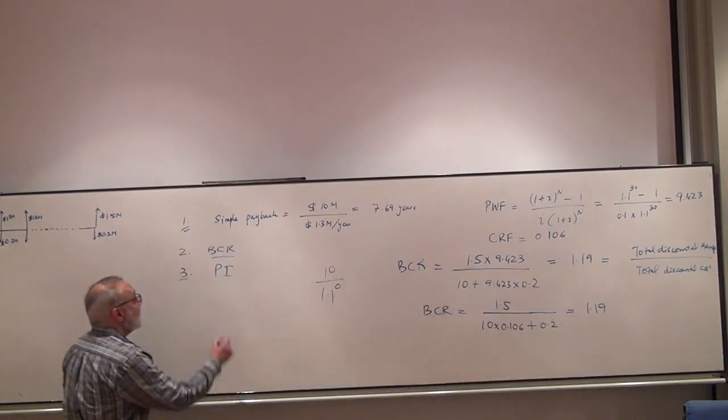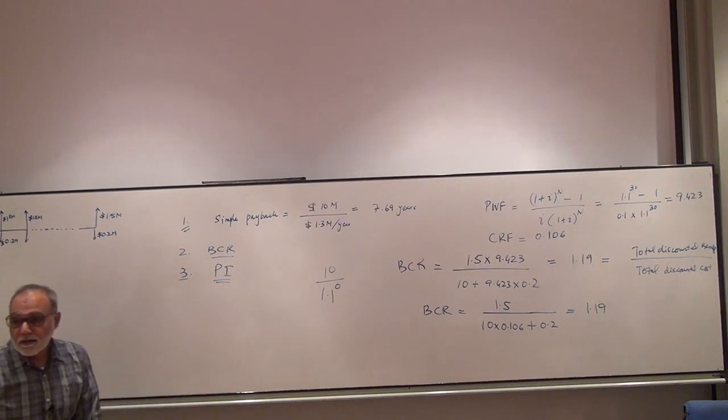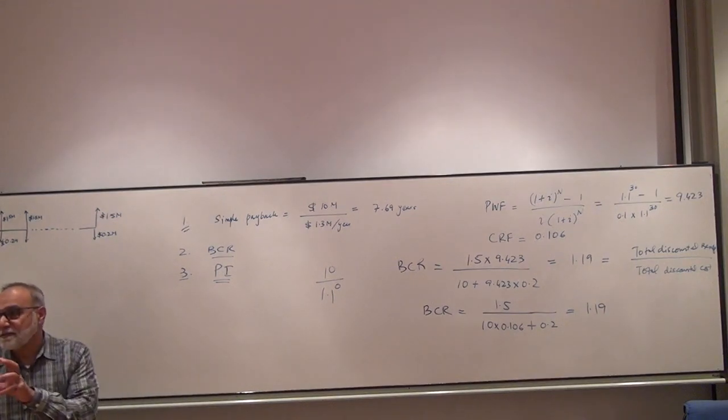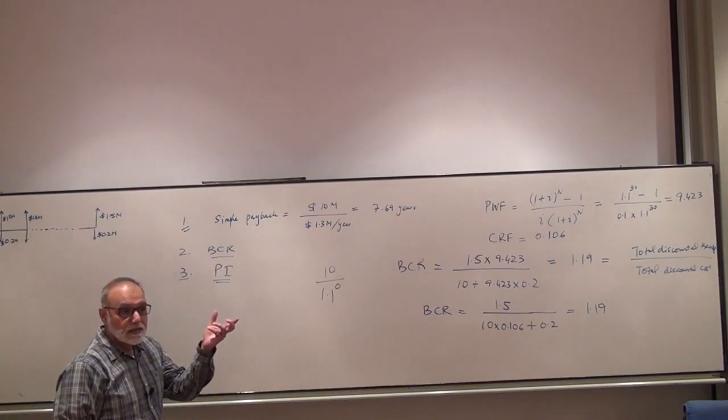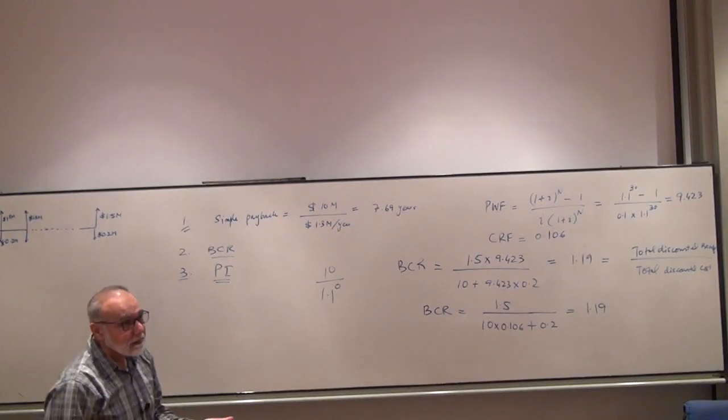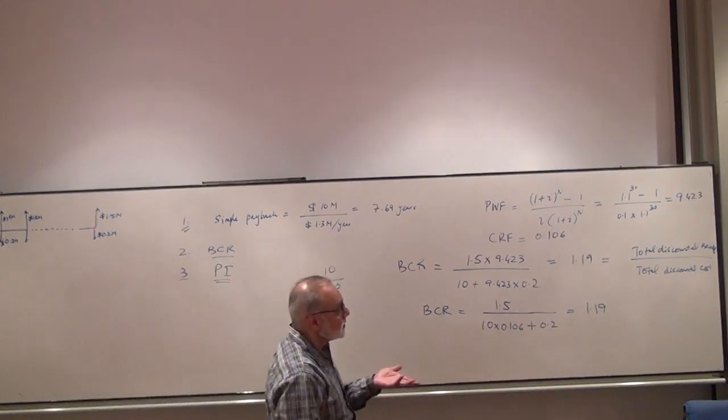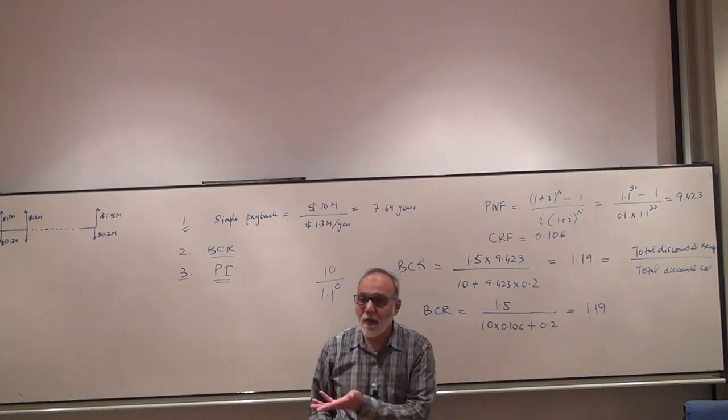Profitability index, PI. A slight difference. Profitability index is net discounted benefits divided by initial cost.